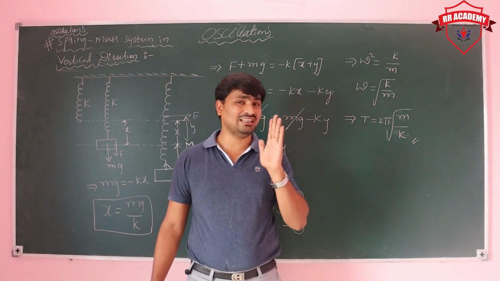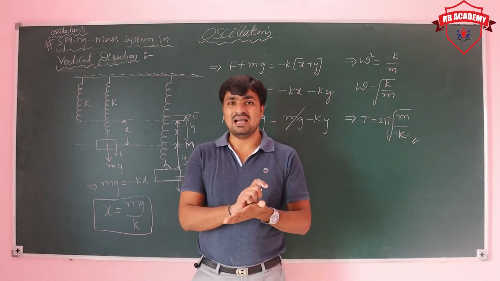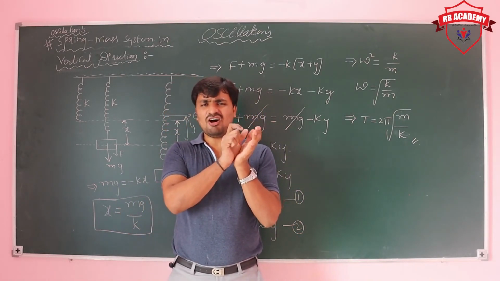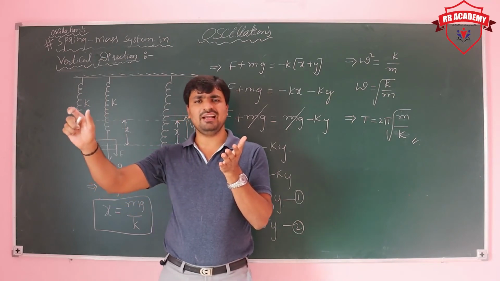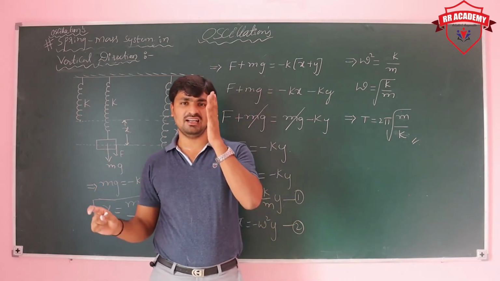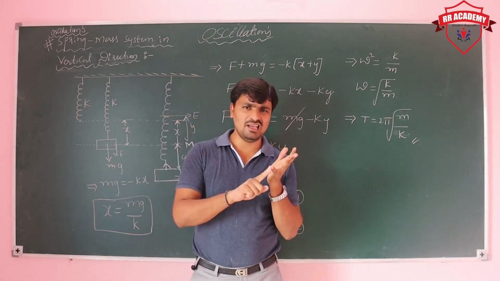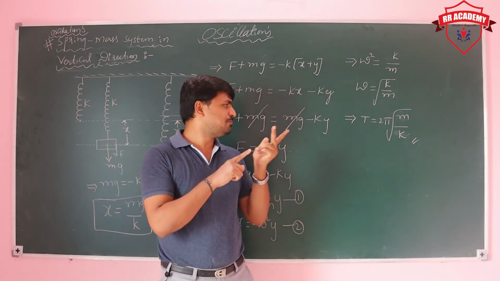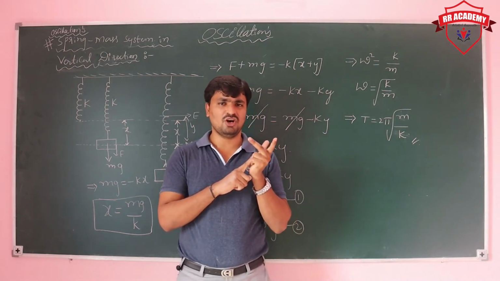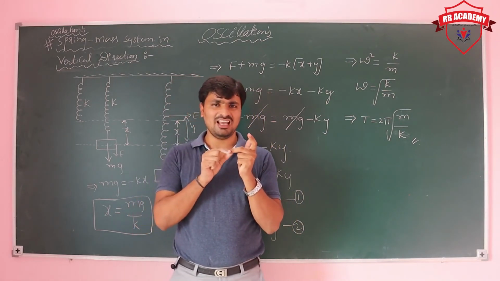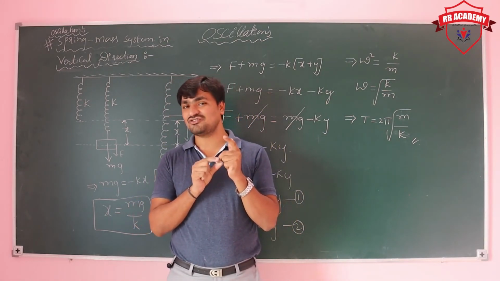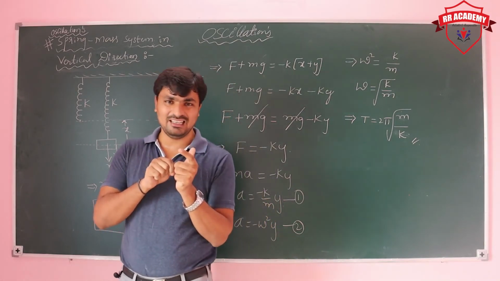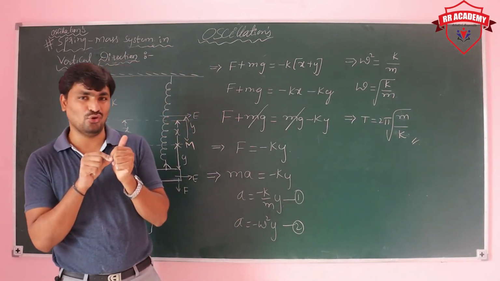This question was asked one time in the JEE Advanced examination as a multi-answer type question. The time period of an oscillator depends on which of the following factors? Option A is the mass of the body, option B is the spring constant, option C is the extension of the spring and the restoring force.